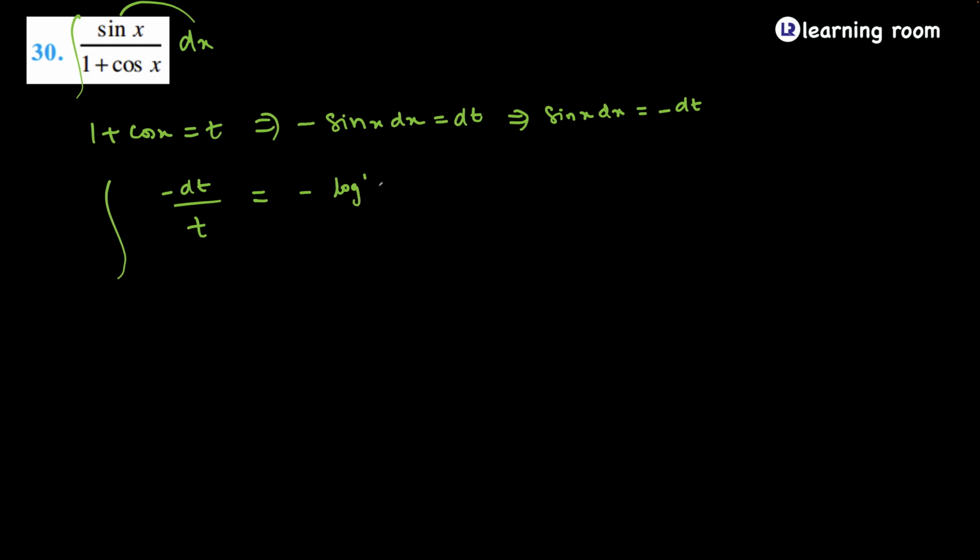Actually, the minus will come out. Integral of 1 by t is log t. So this will be minus log of 1 plus cos x plus c. Since this is a trigonometry based problem, check the answer at the back. Have they given it in the same terms? Same thing, no? Yes.